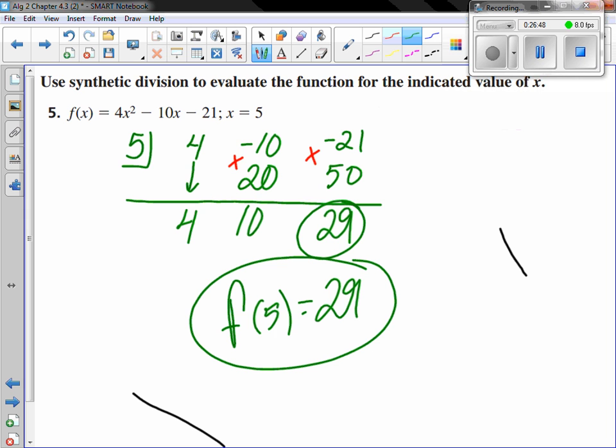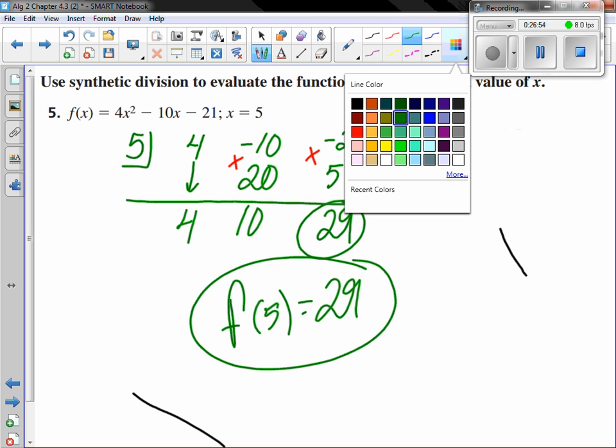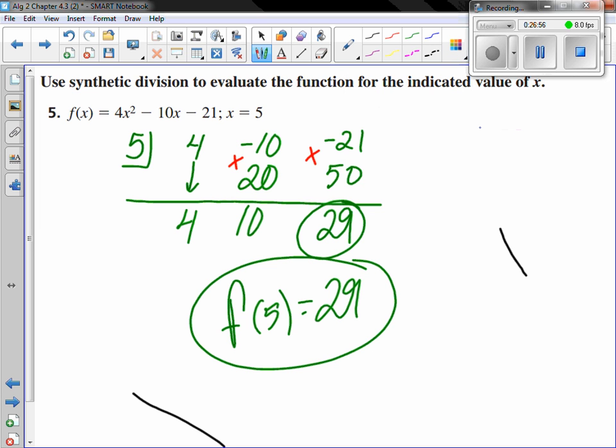So if I did 4, let me get a different color. Okay, let's go. So if I did 4 times 5 squared minus 10 times 5 minus 21. If I did this in the calculator, well, 5 squared is 25.